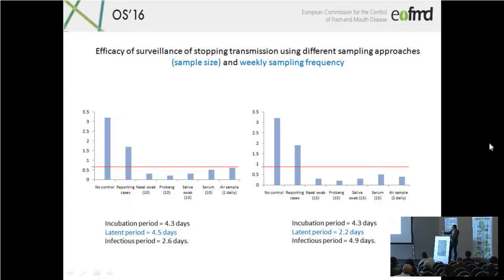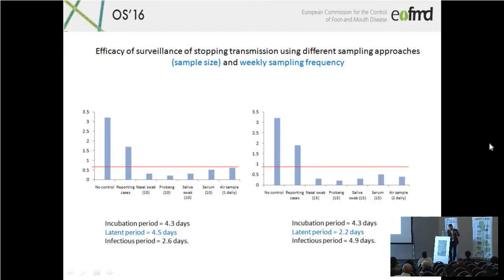But if we take, in this scenario, for example, 10 random samples of saliva swabs, and we go once a week, we are going to reduce the chance of transmission to other farms. We consider a scenario in an area with low farm density, so less risk there, going a bit in line with what Angus was talking about.